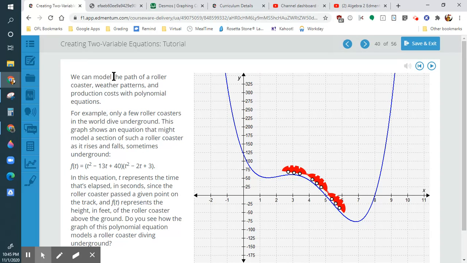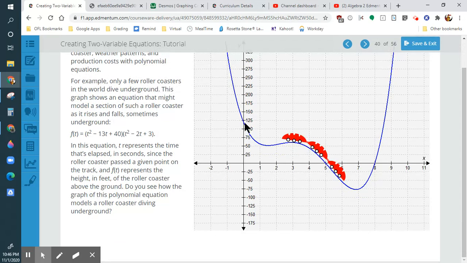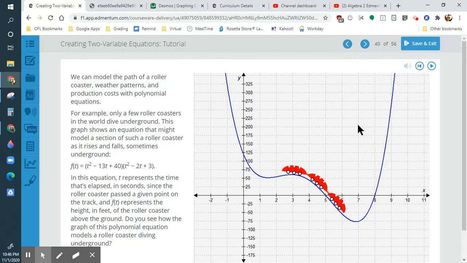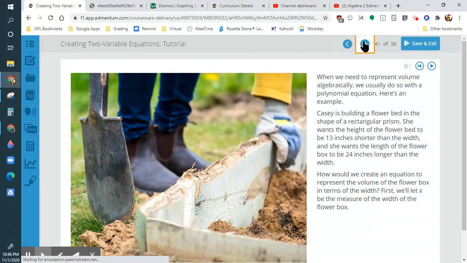So we can model the path of a roller coaster, weather patterns, and production. So this is just some polynomial that we see here that causes different waves to happen. So when dealing with volume, we're dealing with length times width times height. So Casey's building a flower bed in a prism.